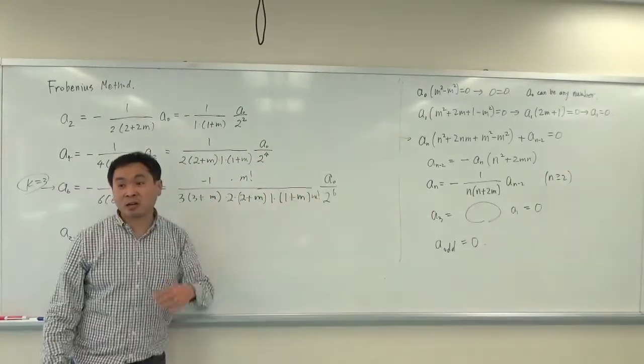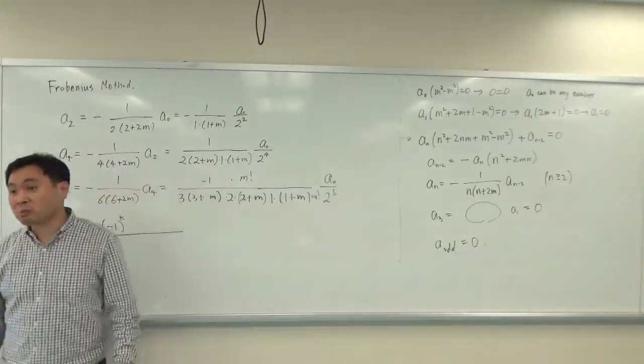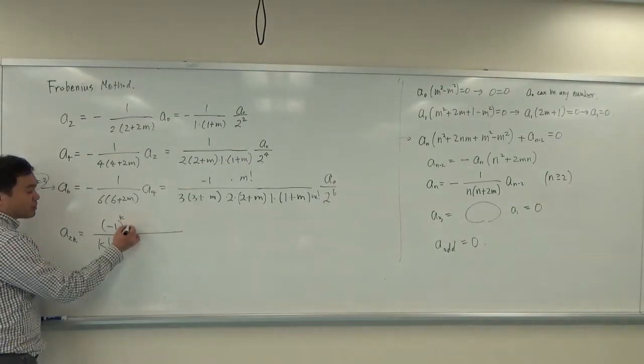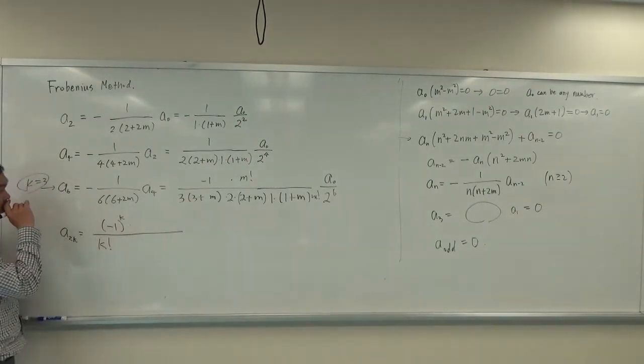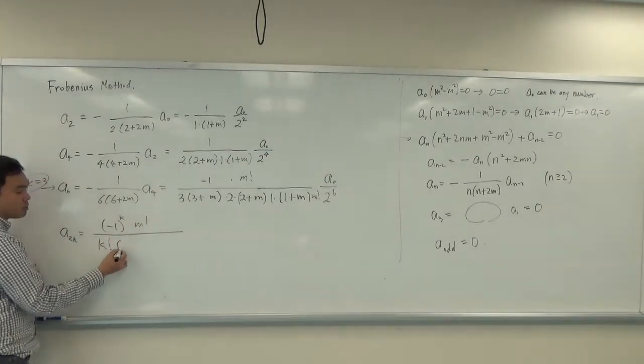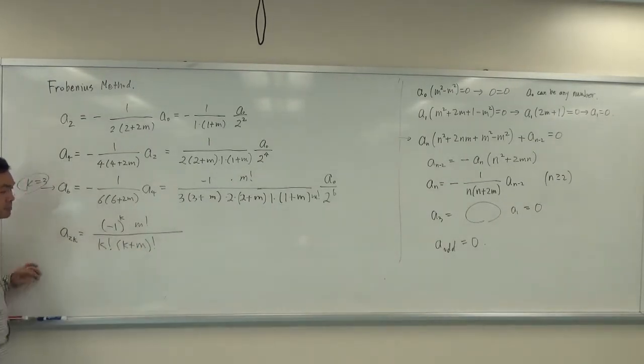Then this will be m times m minus 1 all the way up to 1, so that this will become 3 plus m factorial, right? So what I'm trying to say is that if you put an m factorial here, then you end up with k plus m factorial.